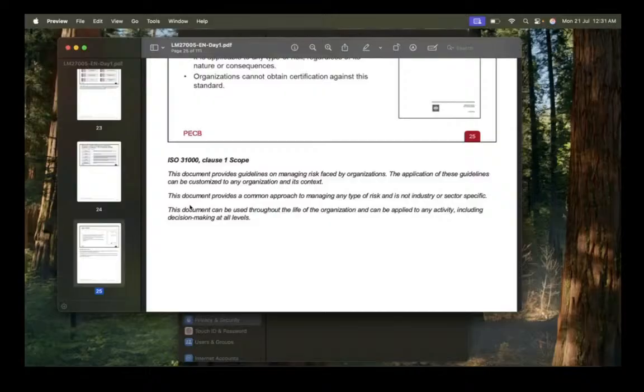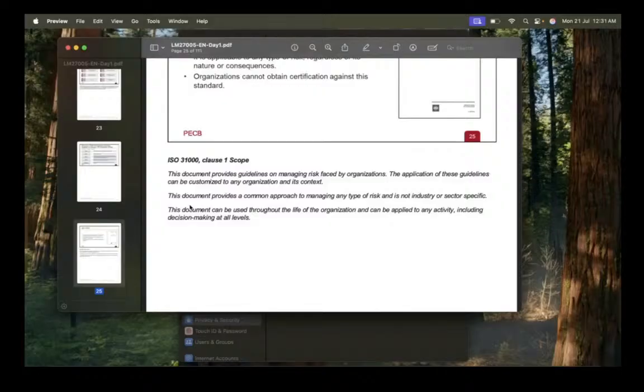This document provides a common approach to managing any type of risk and is not industry or sector specific.